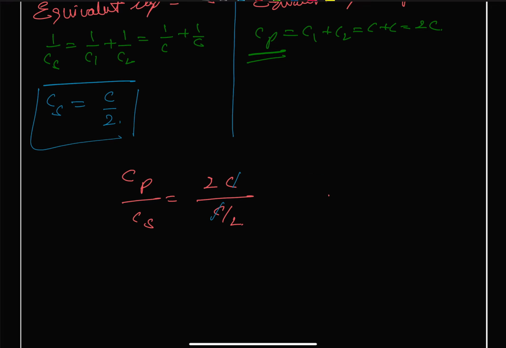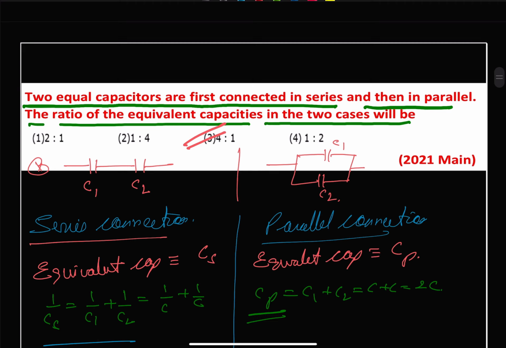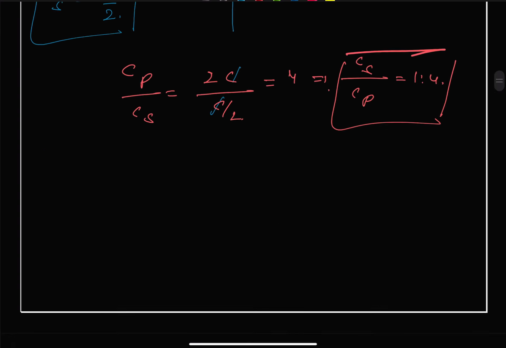So this comes as series to parallel, which is 1:4, because first they are connected in series, then they are connected in parallel. So option 2 is correct. Next question.